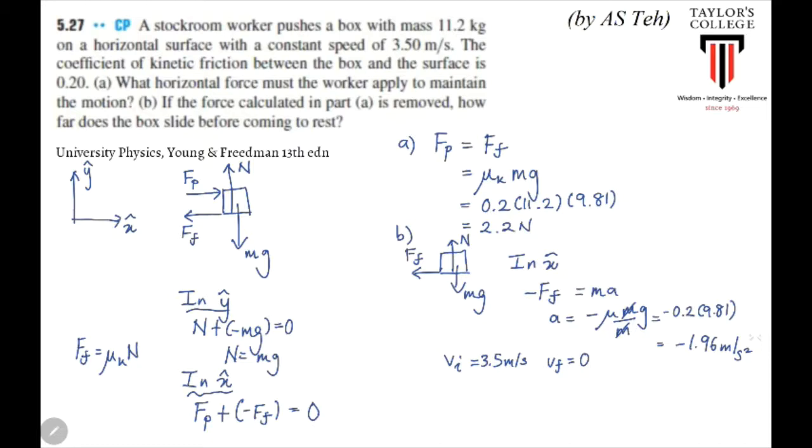In order to solve this, the best equation is v final squared equals v initial squared plus 2aS, or x final minus x initial.